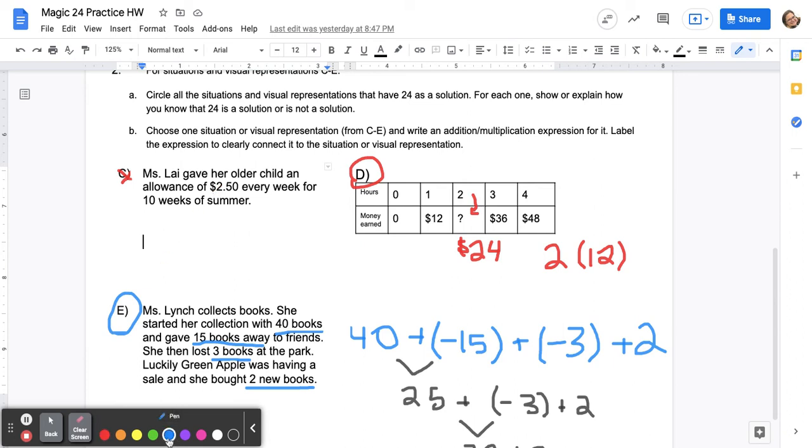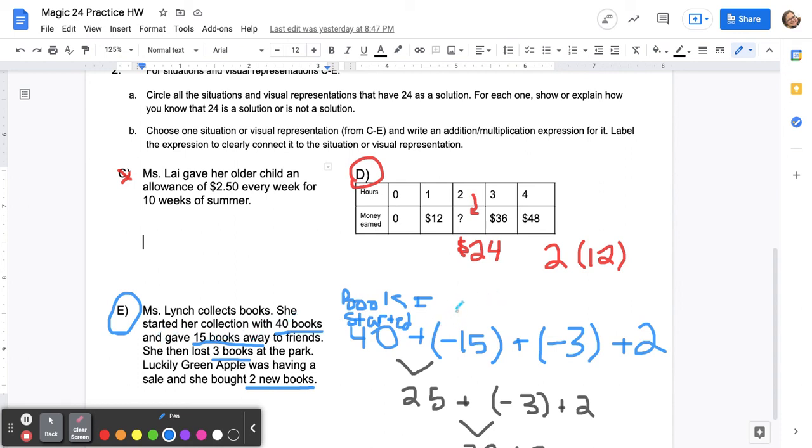I want to make sure on here I have each of these numbers labeled with what they mean. And I find the meaning from my situation. So the first one says 40, and I know that's the 40 books I started with. So I'm going to say books, and you guys will have neater handwriting than me. Books I started with. Then I gave 15 books away.